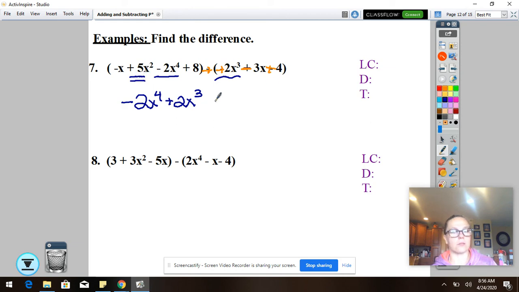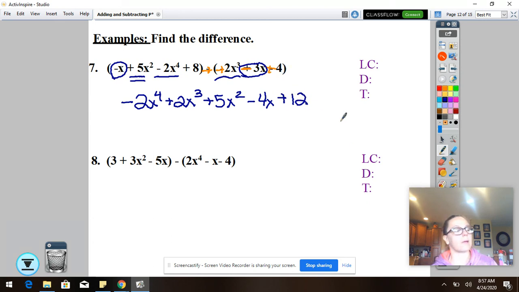I don't have any other x squared, so I'm going to bring it down as plus 5x squared. And then I've got a negative x and a negative 3x. Remember, we changed that. So negative 1 plus negative 3 would be negative 4x. And then I've got 8 plus 4, which would give me 12.